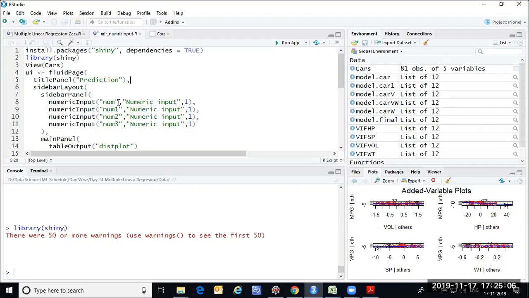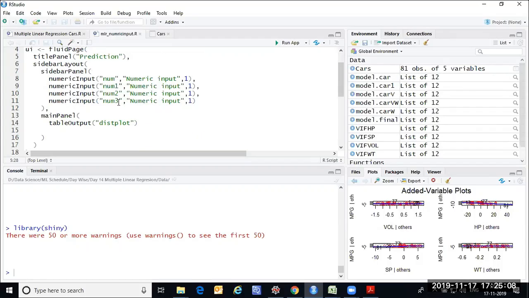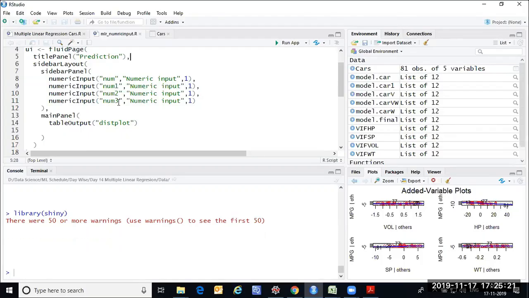So now, how many input variables do we have in the cars data set, originally? Input variables: 4, right? Except mileage, all remaining 4 are input variables, independent variables. So I'm creating 4 variables, which are of type numeric, using the numeric input function.